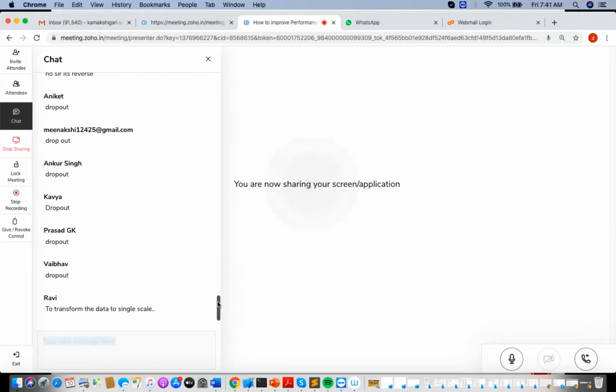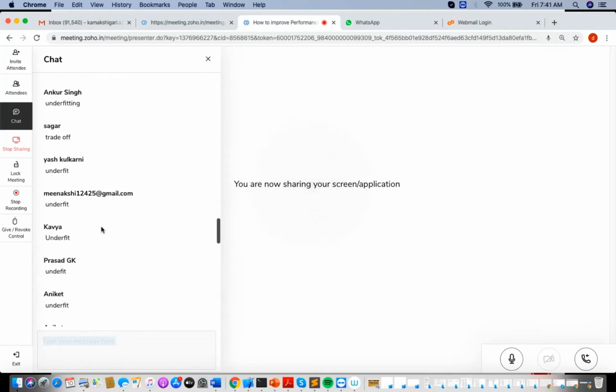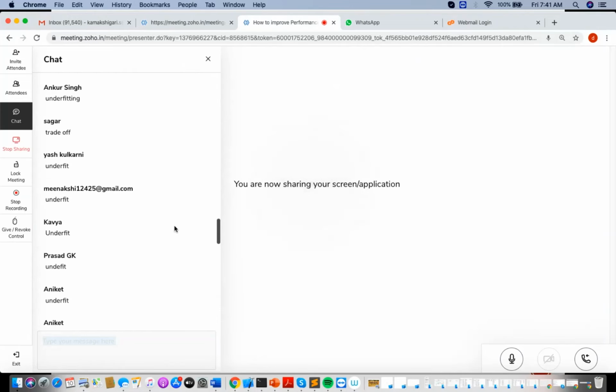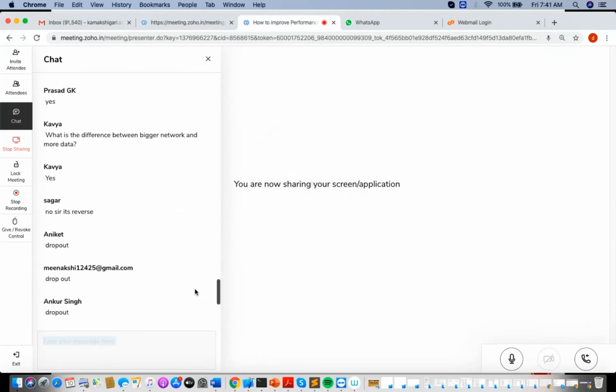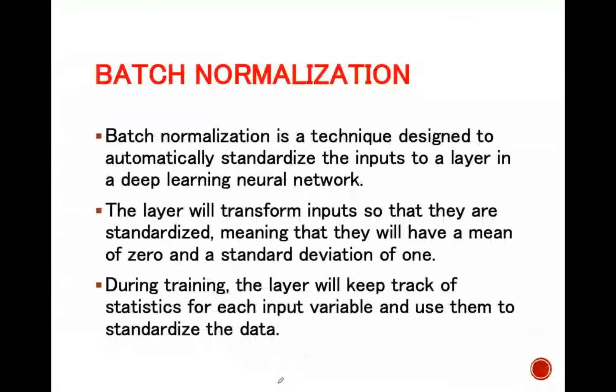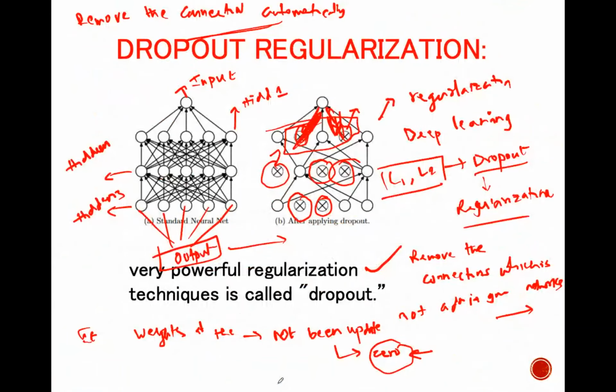Ravi, you have pinged this. Okay. Sagar, what is this? Here I could see some message. What is the doubt here for you? In that architecture, in the dropout regularization, you have written input from the first.